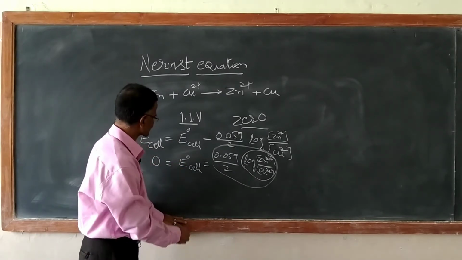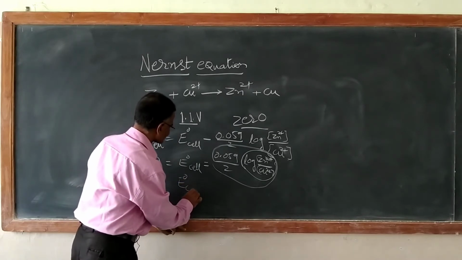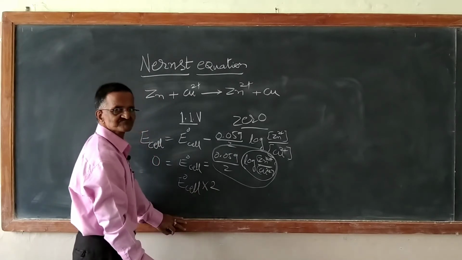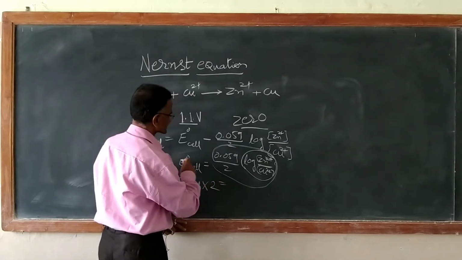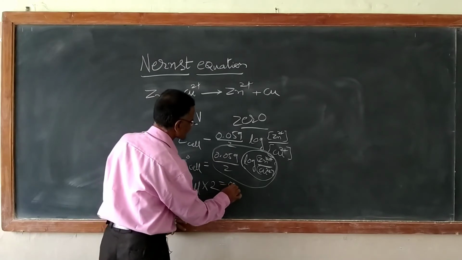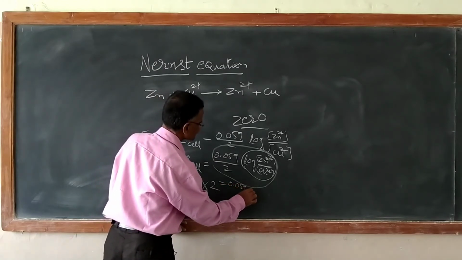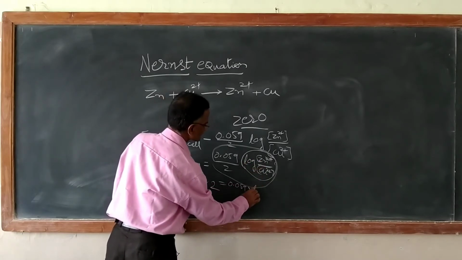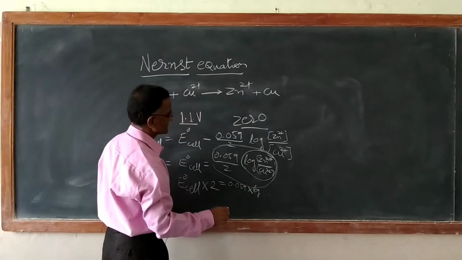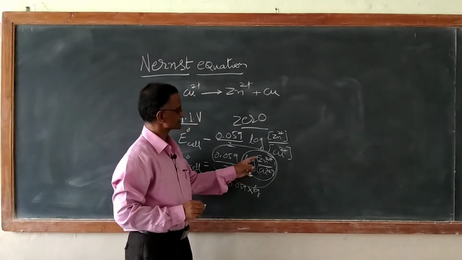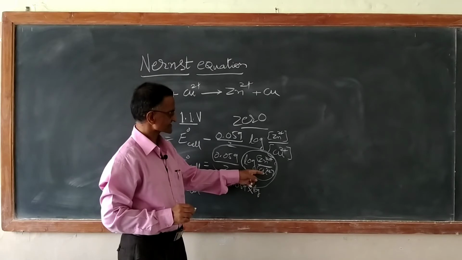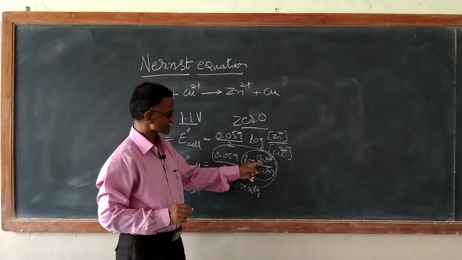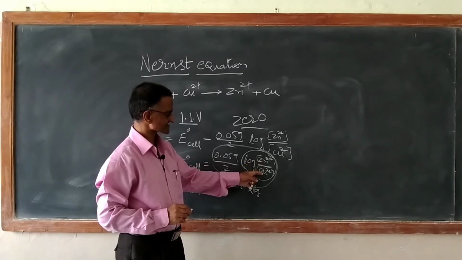E inert cell into 2, I can rewrite, is equal to 0.059 into log of the concentration of Zn2+ and Cu2+. Right? I want to find out the concentration of Zn2+ by the concentration of Cu2+ in that system.